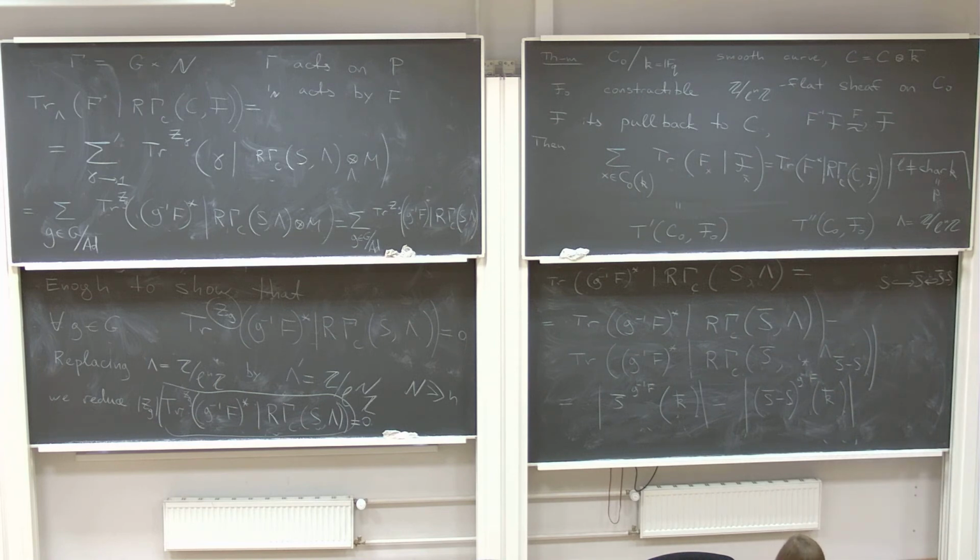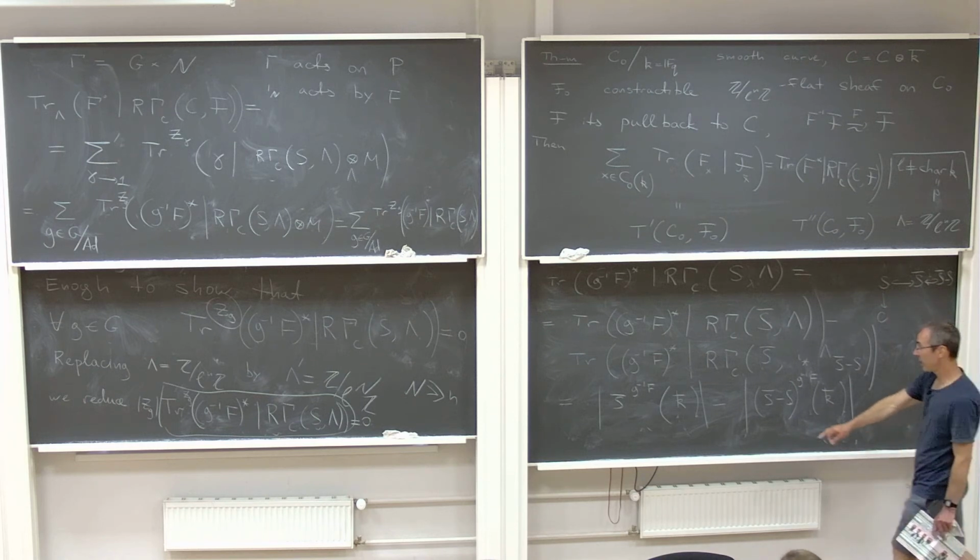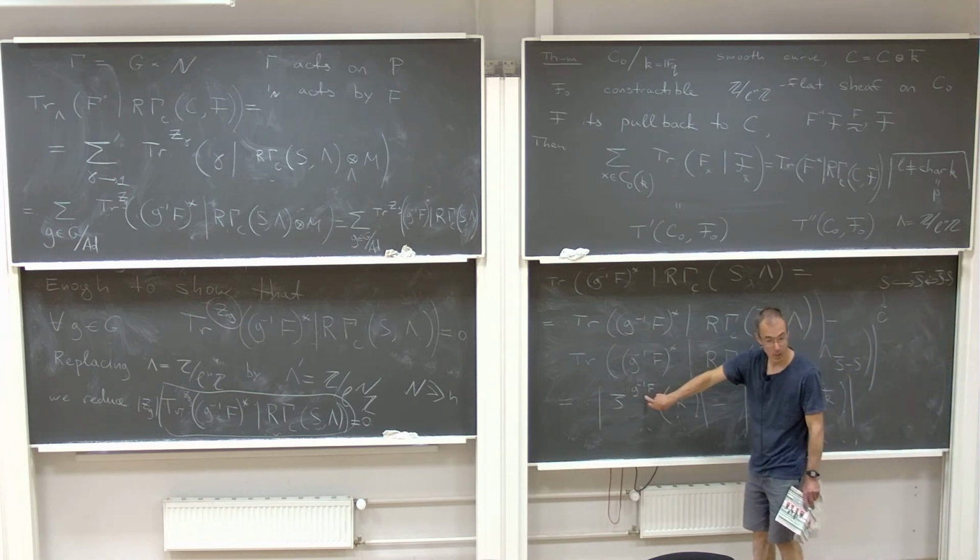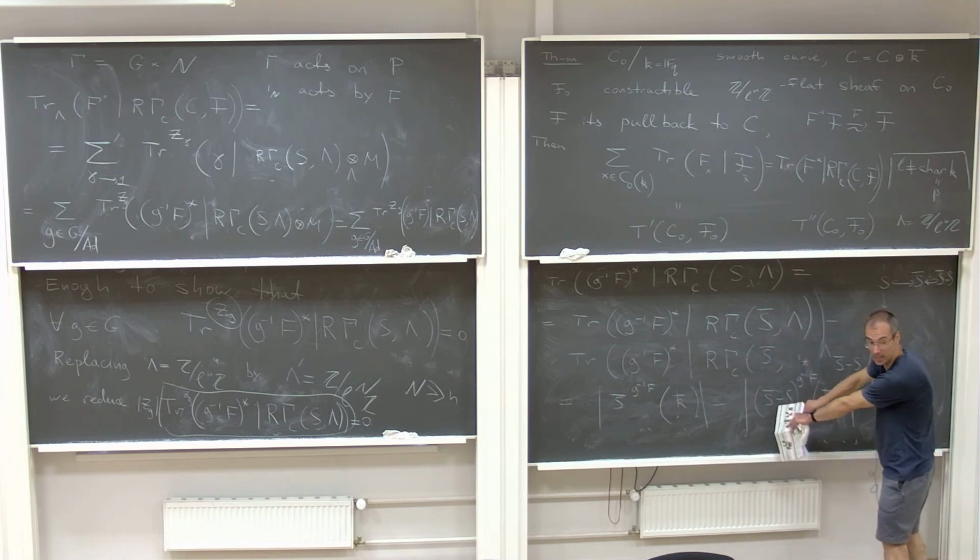And now I need your help. So what does it mean? It means that any point here, which is invariant under this, actually lives here.